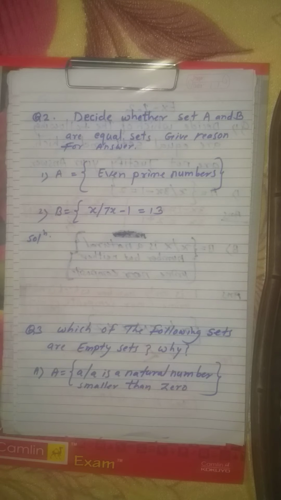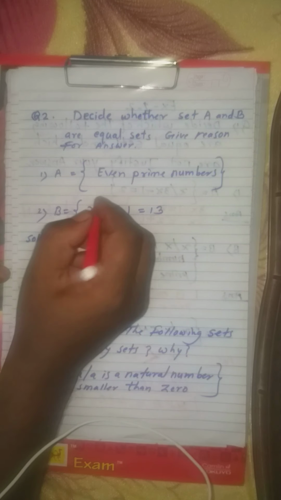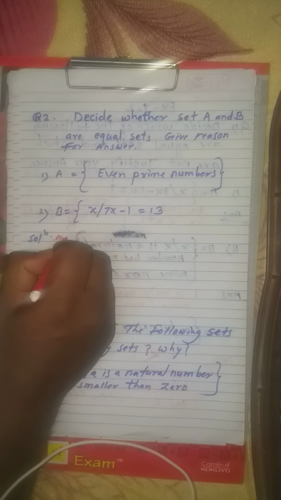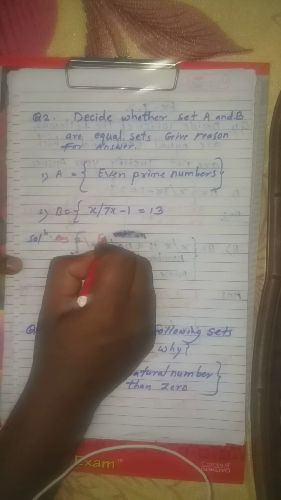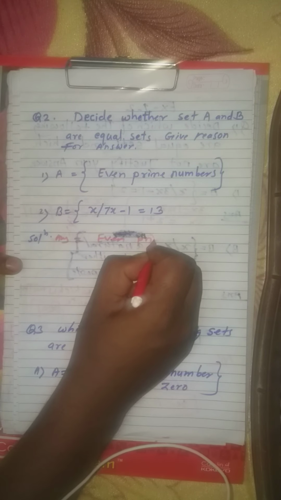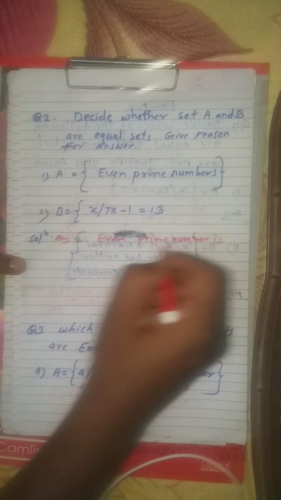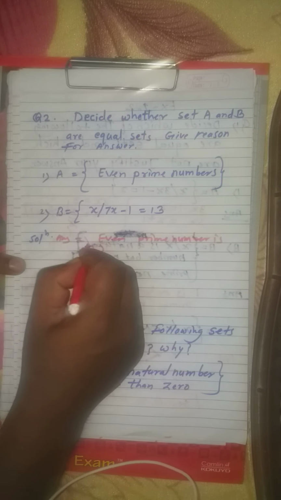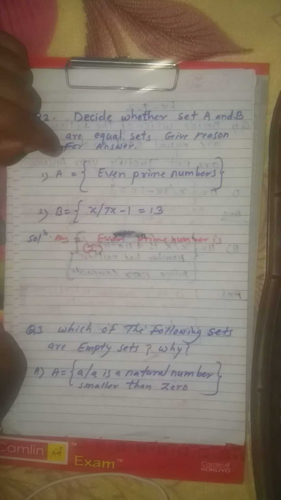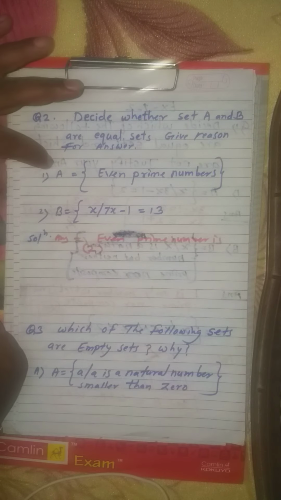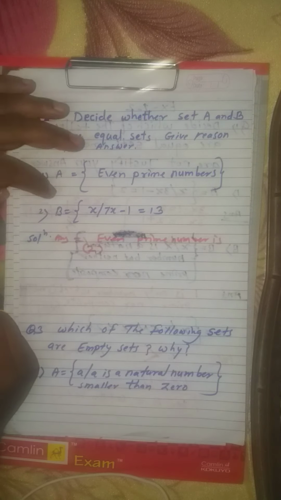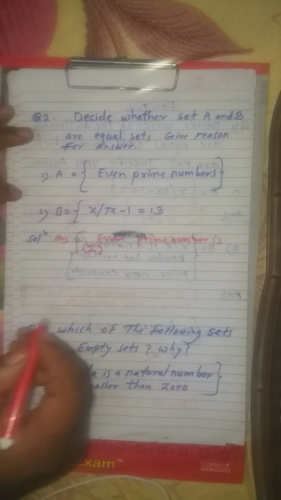The even prime number is only 2. Now in the answer we can write the even prime number is 2 only. So the set A answer is 2.